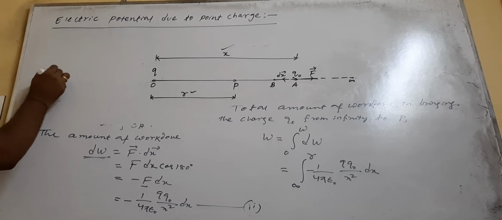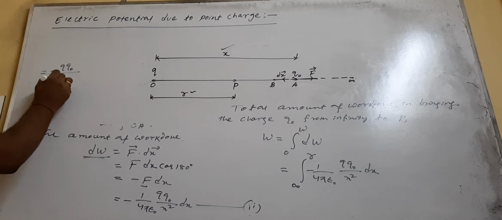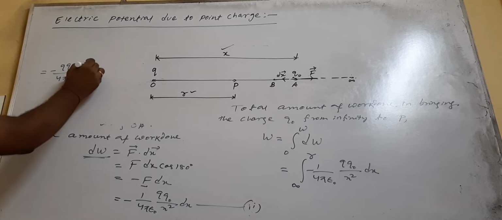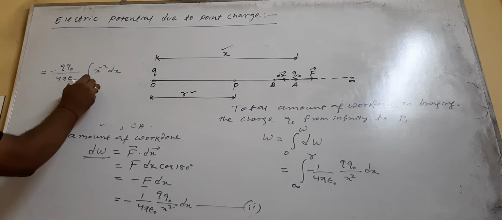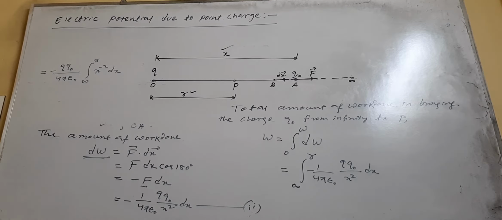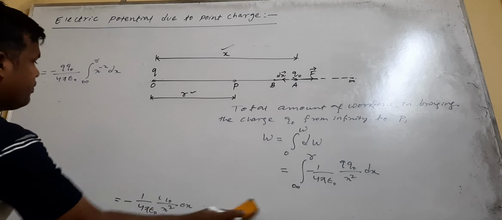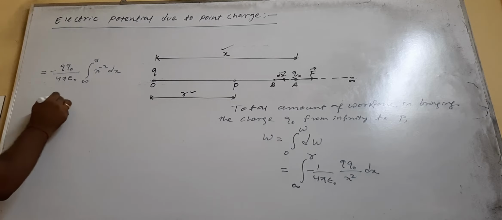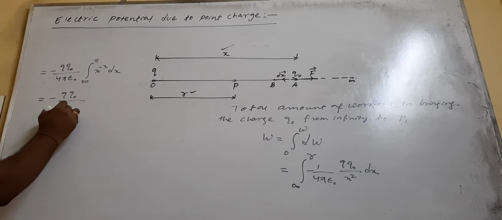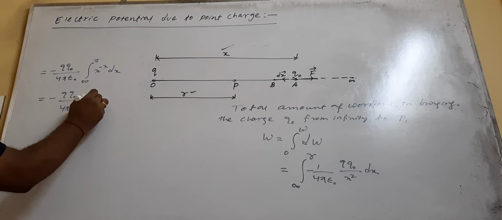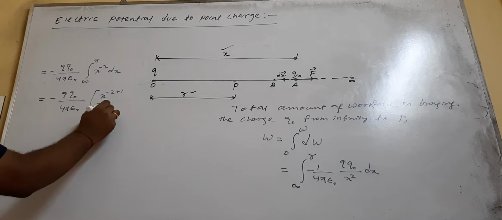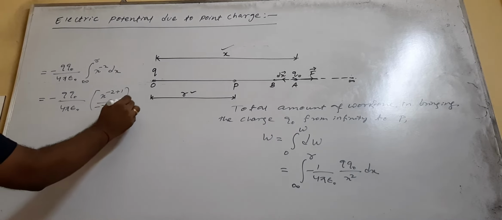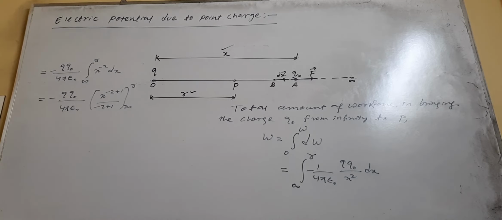This equal to minus Q0 by 4 pi epsilon 0 integral of x to the power minus 2 dx. Limit is from infinity to r. So this equal to minus Q0 by 4 pi epsilon 0 x to the power minus 2 plus 1 by minus 2 plus 1, infinity to r.